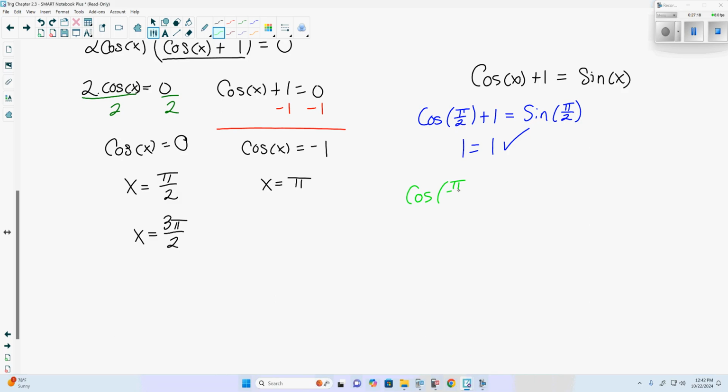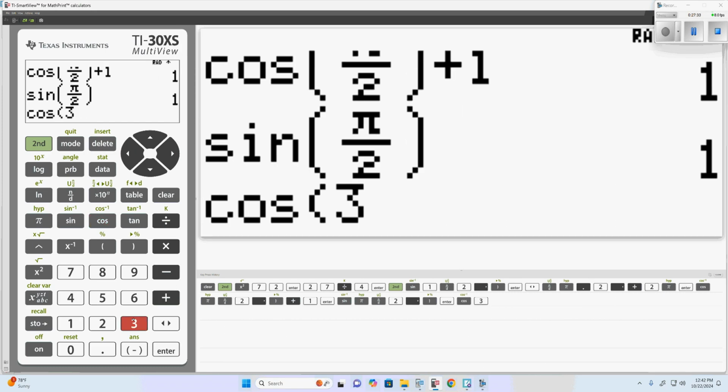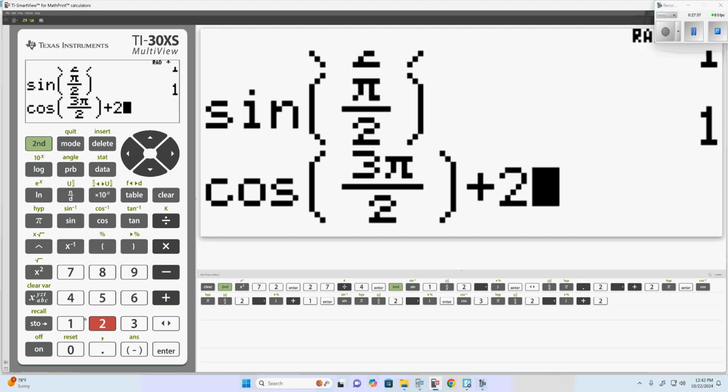Cosine of 3 pi over 2 plus 1 is equal to sine of 3 pi over 2. Cosine 3 pi over 2 is 0, plus 1 is 1 again.